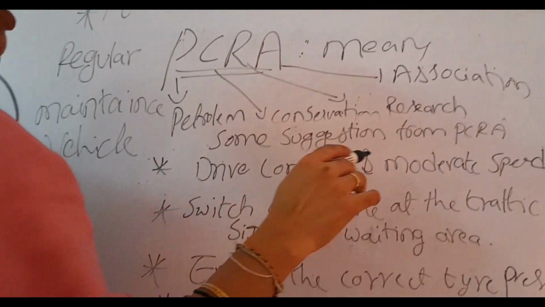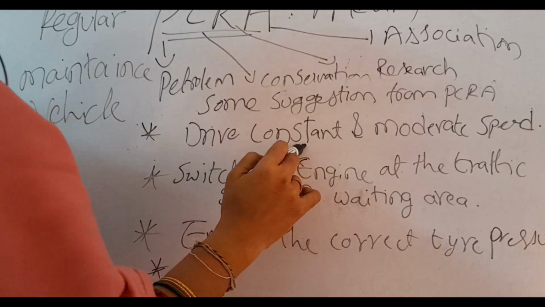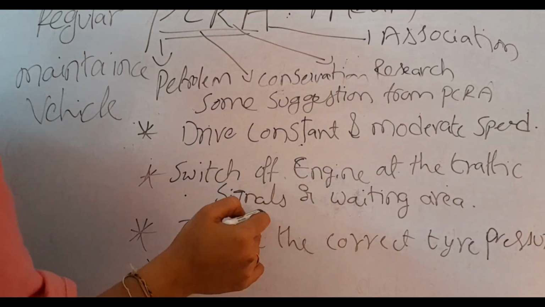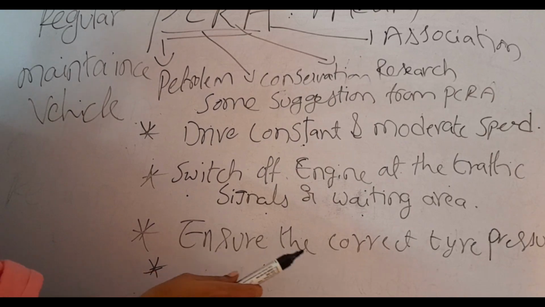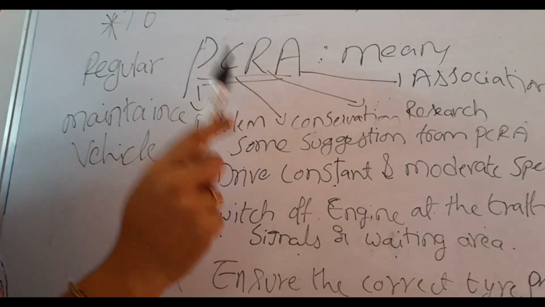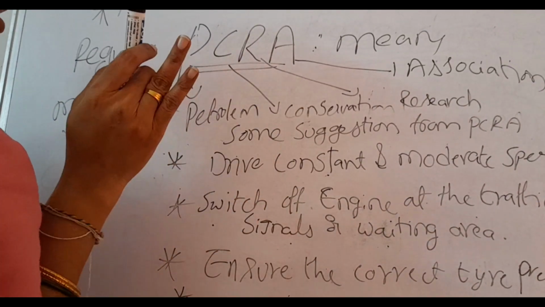These are the solutions from PCRA: drive at constant and moderate speed, switch off the engine at traffic signals, ensure correct tire pressure, and regular maintenance of vehicles.